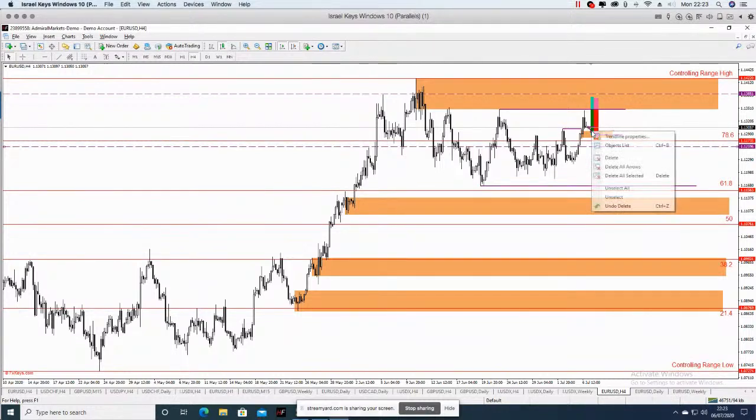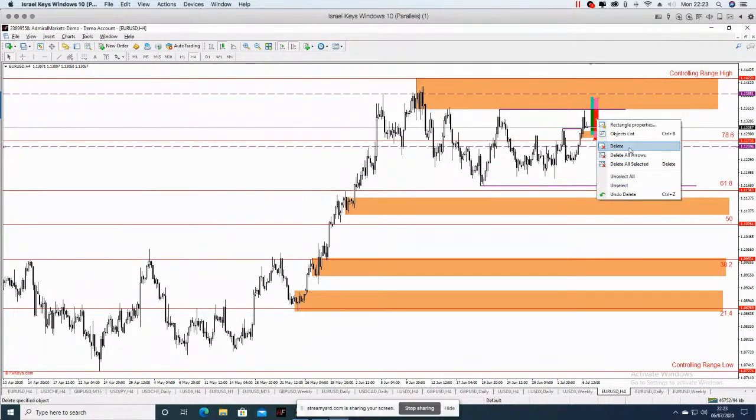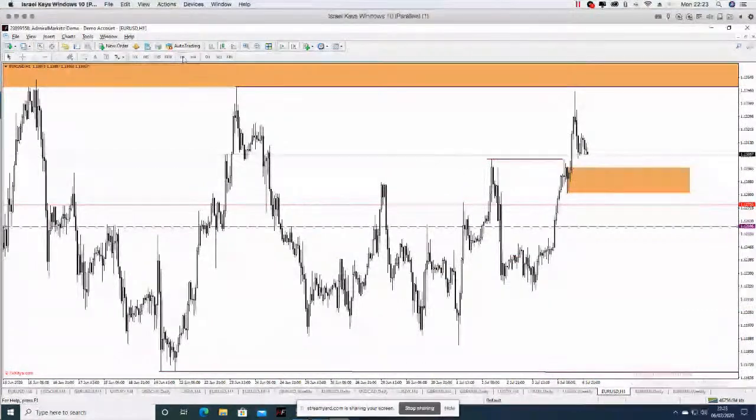Get rid of this too. And this imaginary one too. I'm also going to, now that I've shown you that, that can go too. As can that. And that. I'm going to leave that there because that's this 1 hour order block there. So I'm going to leave that there.